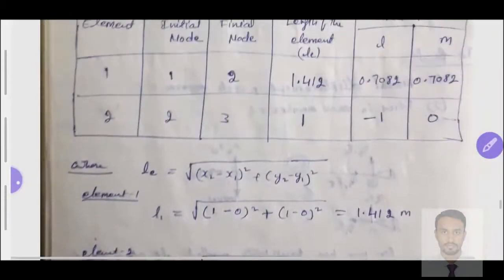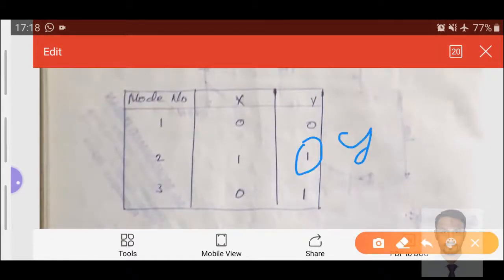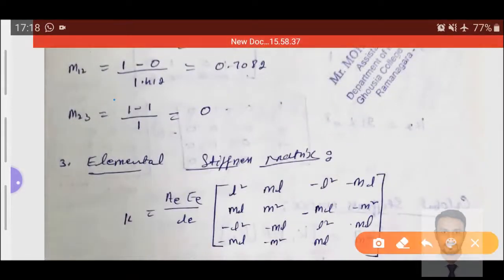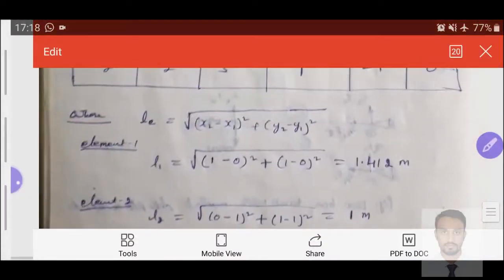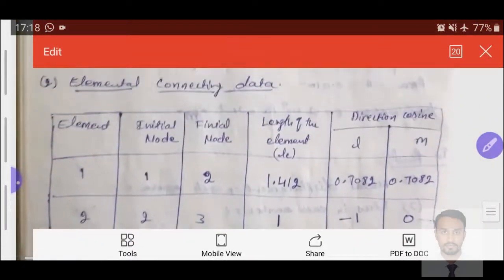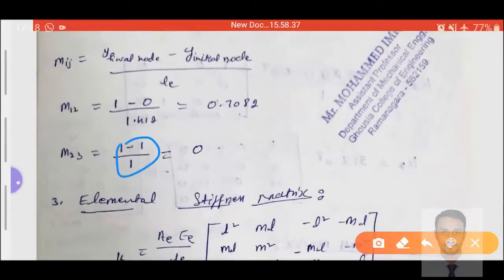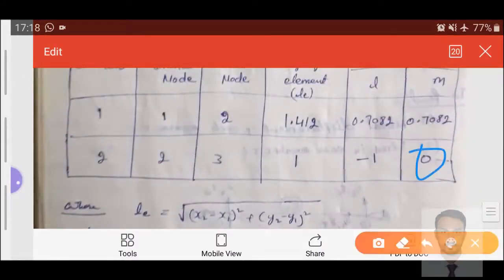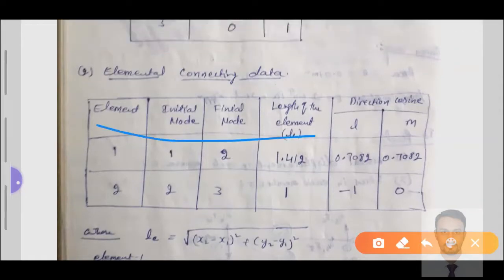Then again we'll find the value of M. We have here y initial, y final. So M is equal to initial 1 minus 1 divided by LE, so we have 1 minus 1 divided by 1 is equal to 0. Just we have taken this value here. We have completed this elemental data.